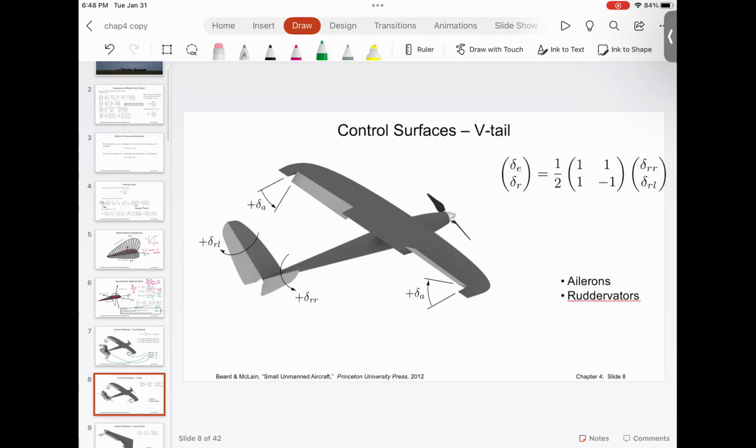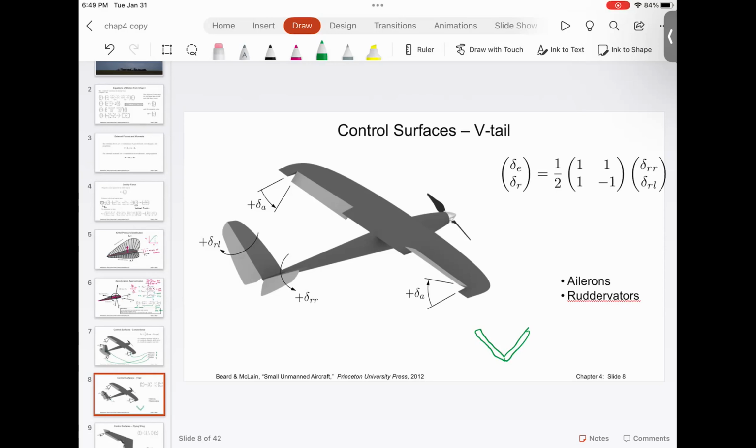Now, next we have something called the V tail. This aircraft is probably not very clear, but have you seen an aircraft which is something like this? If you have seen the movie Top Gun 2, the aircraft that Maverick flies is a V tail aircraft.